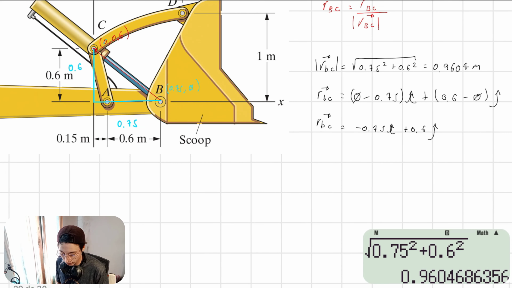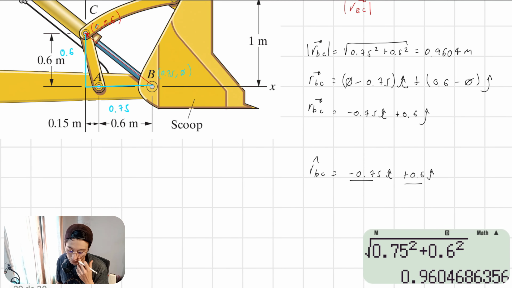So the unit vector RBC is going to be equal to minus 0.75 along the I direction plus 0.6 along the J direction divided by a scalar. I do not remember if I mentioned previously, but when you're dividing a vector by a scalar, the result is going to be a vector.